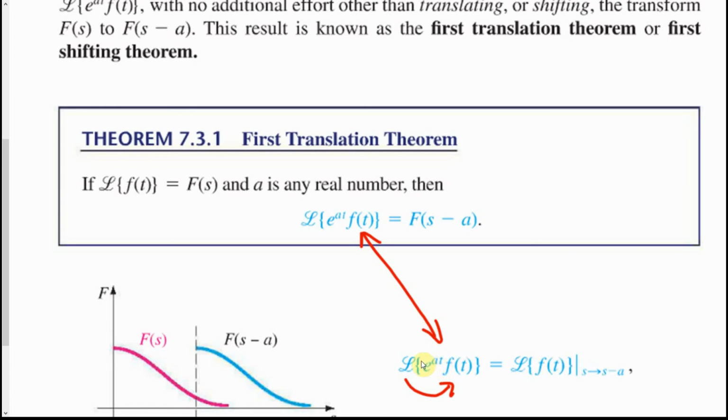So basically, anytime you have a Laplace transform and there's a combination of e to the at and f of t, you can think about it almost like back in algebra where you have the composition of a function, a composition of f and g. So it looks like f composed with g is f of g of x. And so that's what's happening. We take the Laplace transform of f of t, and then when you get that result, you just shift s from s to s minus a.